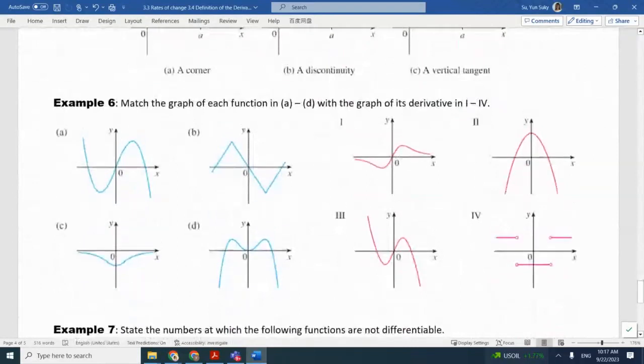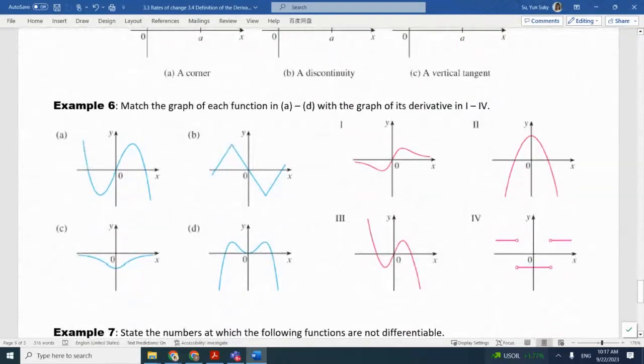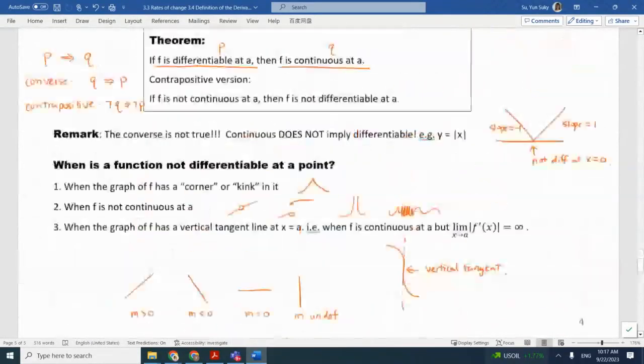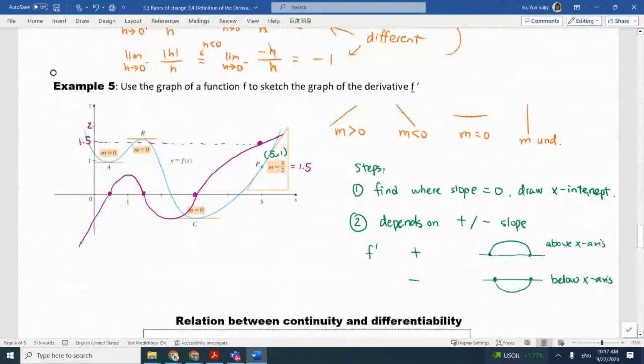Next time, we also talk about if I give you a function, how do you find its derivative? How do you draw the derivative? Do you remember, everybody? Imagine a roller coaster. Here the slope is negative, here the slope is 0, then the slope is positive, and the slope is 0.